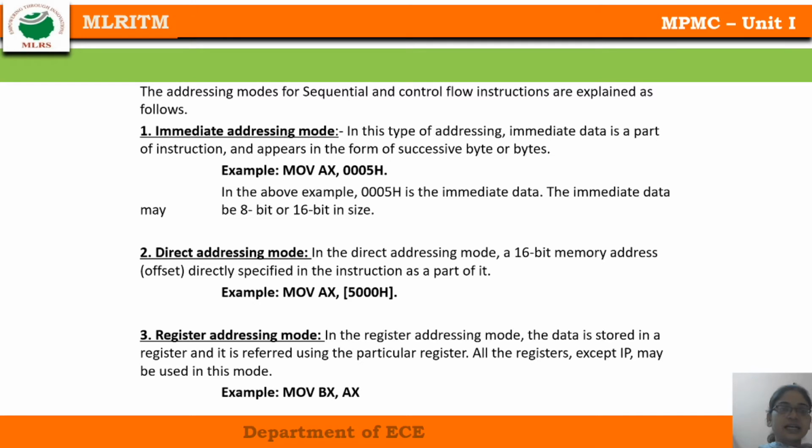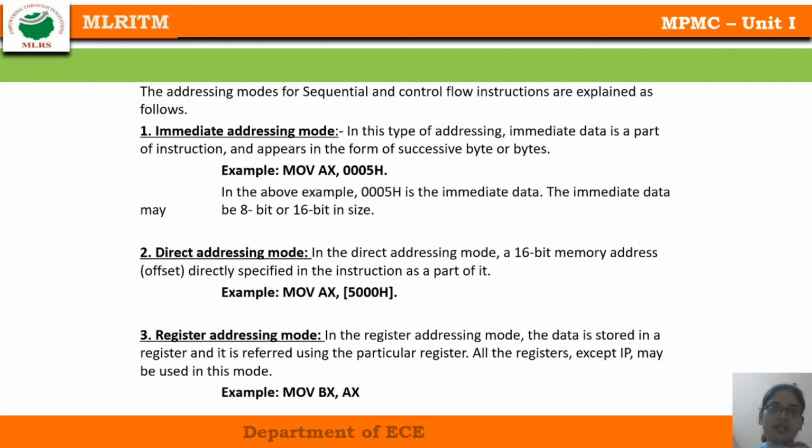Next is direct addressing mode. In this addressing mode, the 16-bit memory address, which is the offset address, is specified in the instruction. For example, MOV AX, [5000H]. Here 5000 is the offset address of the memory location.